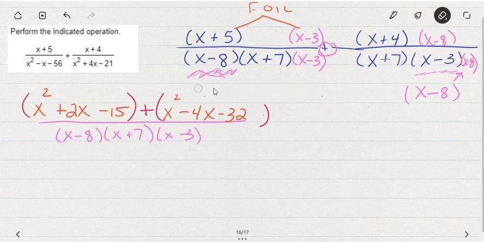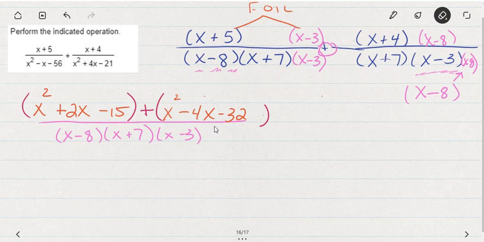Let me erase this so that it doesn't confuse what we're doing next. So let me recap. What we did was we FOILed the x plus 5, x minus 3 to get x squared plus 2x minus 15, and x plus 4 times x minus 8 to get x squared minus 4x minus 32. Go ahead and pause the video and do that FOIL on your own if you need to.